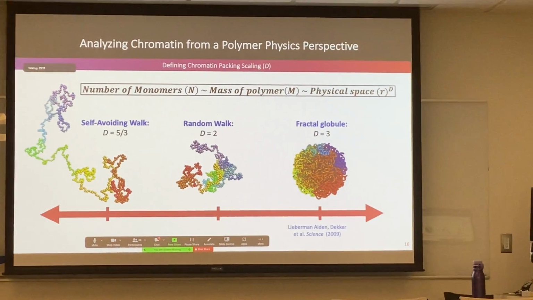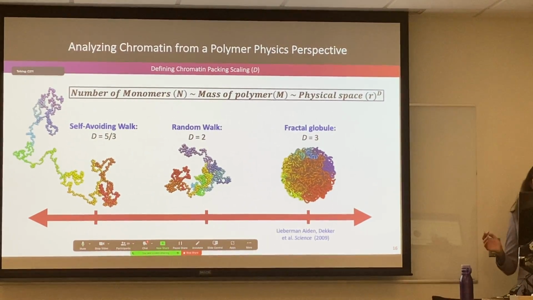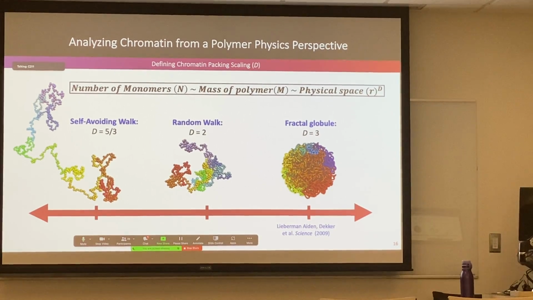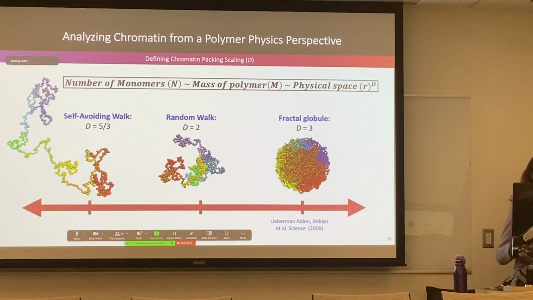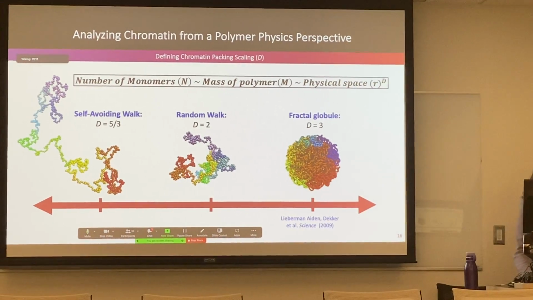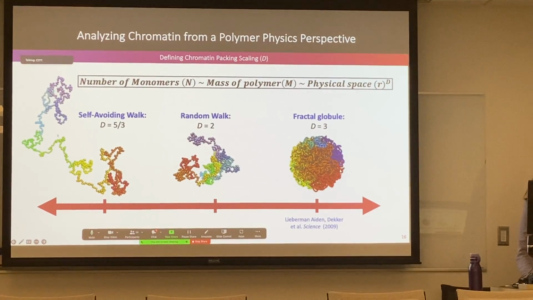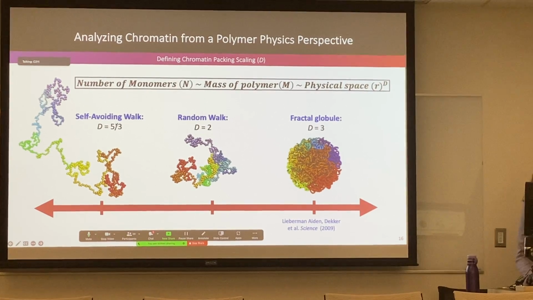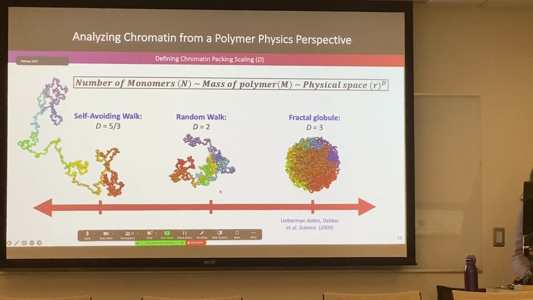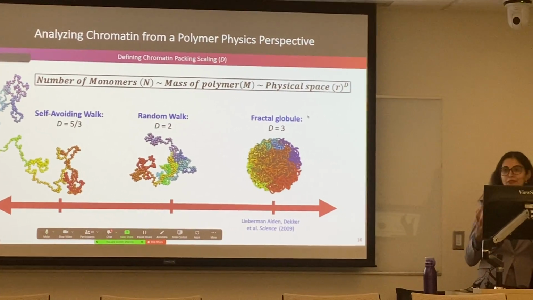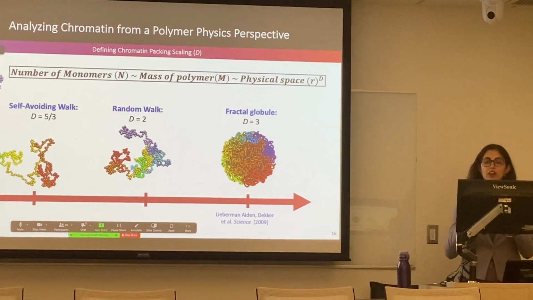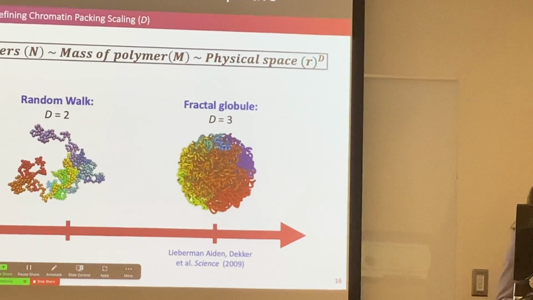And in polymer physics, we have these simple models that are able to describe these scaling relationships for different systems. So we have, when monomer-solvent interactions are favored, this swollen coil self-avoiding walk, and then this random walk, and a collapsed fractal globule, which is a specific example of D equals 3, when monomer-monomer interactions are preferred.